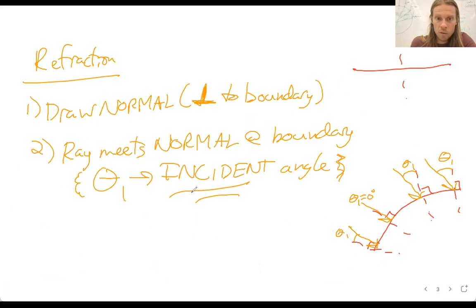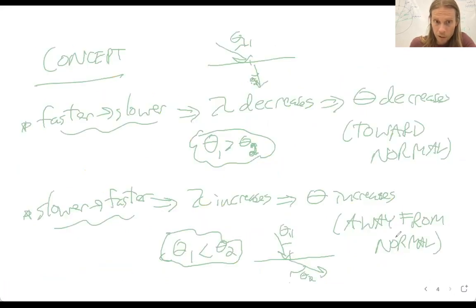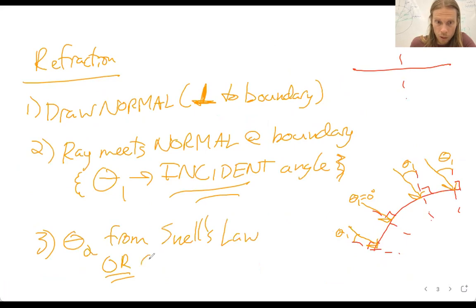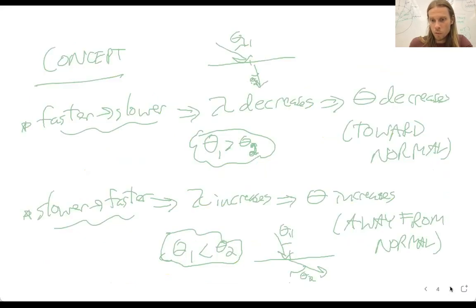So draw the normal, the ray meets the normal, and then I will add a number 3 here. Sorry for jumping around. Theta 2 from Snell's law, which I'll give you in a second, or the concept analysis. Boom. So again, pause the video if you need to, but I'm going to move on.